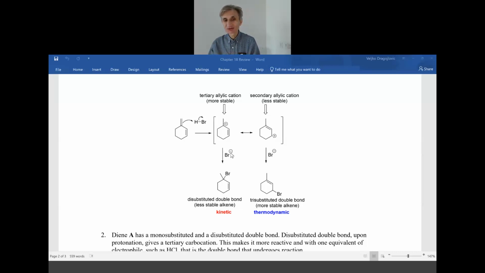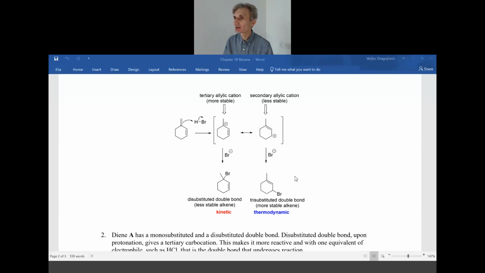So then when bromide anion nucleophile donates free electron pair to form bond with the cation, this is going to be kinetic product. And note that in kinetic product, double bond is di-substituted. We should compare that with the other alternative product. So when we consider less stable cation, and now reaction with bromide anion, that gives actually tri-substituted double bond.